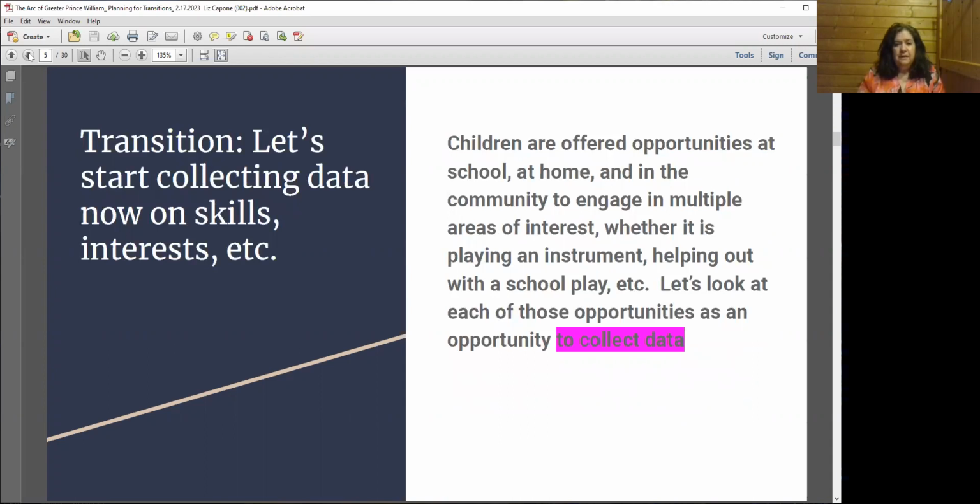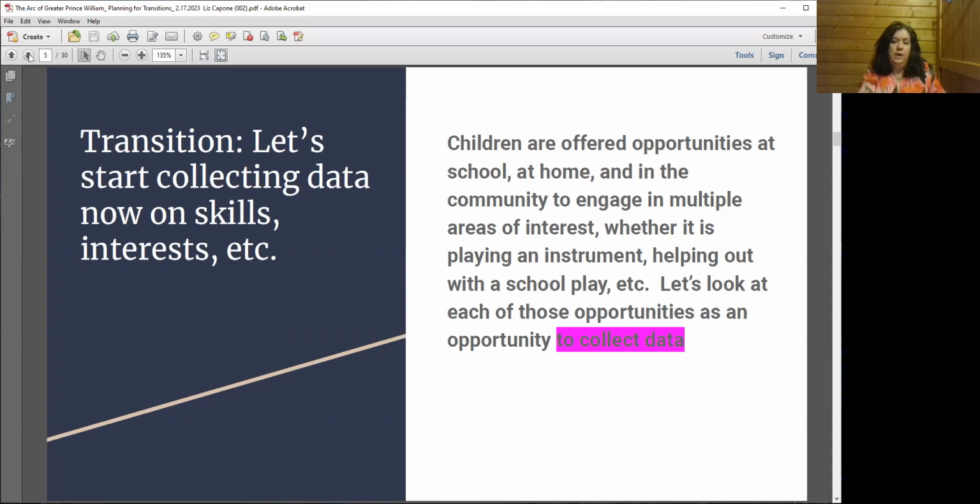I think data collection is really everywhere if we really stop. And if we look at, and we're going to get in a second, but not quite yet, we're going to look at traits, and we're going to look at willingness to participate. We're going to look at how well they work in a group. And again, all of those things will be indicators of success for them later on.